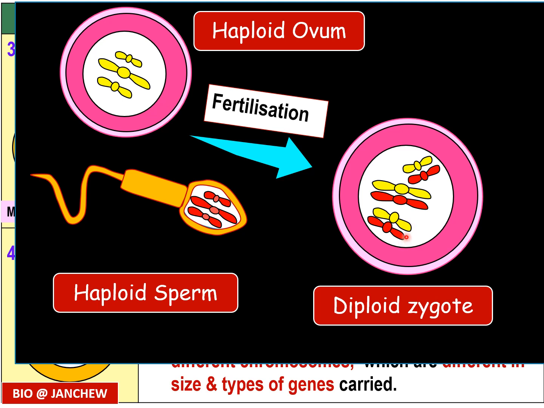So if we look at a cell which is diploid, which has two sets of chromosomes, one from the father, one from the mother, we will find that for each type of chromosome, there are two copies. Okay, so the first copy is from the father, the paternal chromosome, and the second copy is from the mother, the maternal chromosome. So together they make a pair of chromosomes known as a pair of homologous chromosomes.